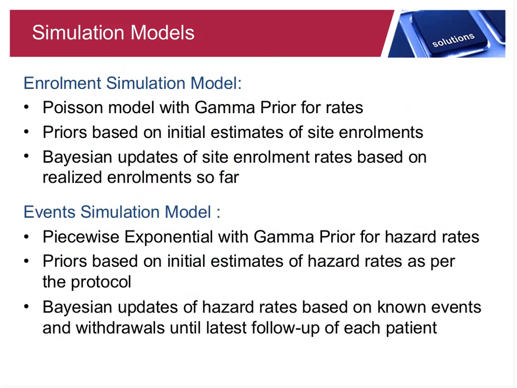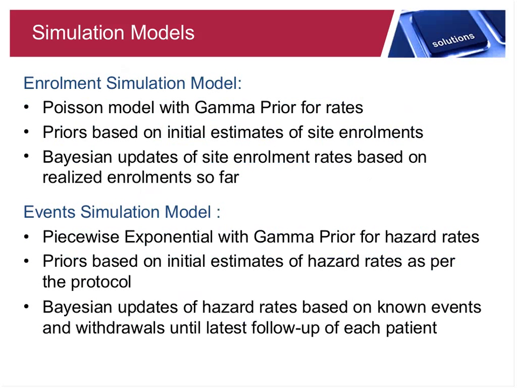I will not go into details here, but these are really some ideas, some background about these enrollment and event simulation models. First, you will start with some prior information for both of these. So you have some prior information for enrollment, and you have some prior information for event accrual. But then as the study starts, you get some data from your own study.